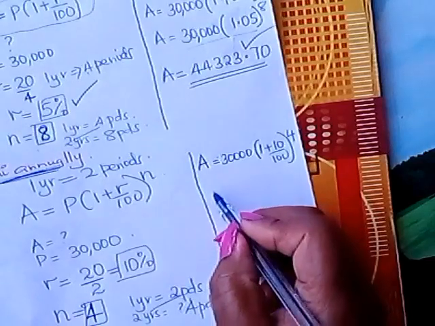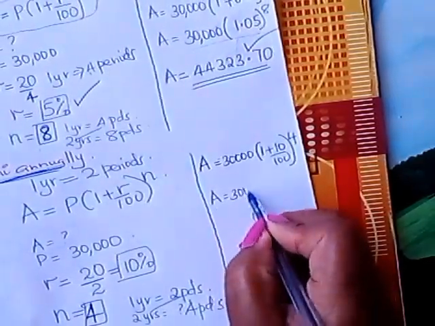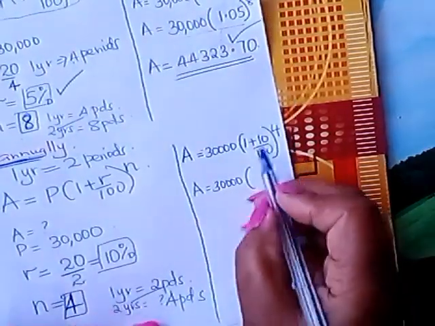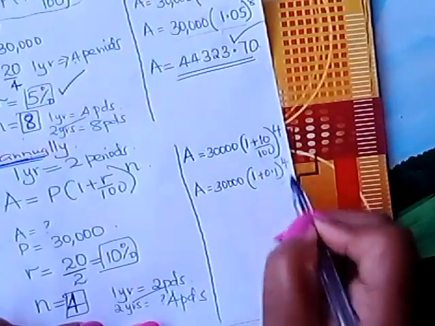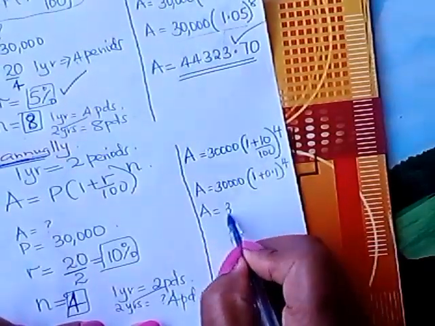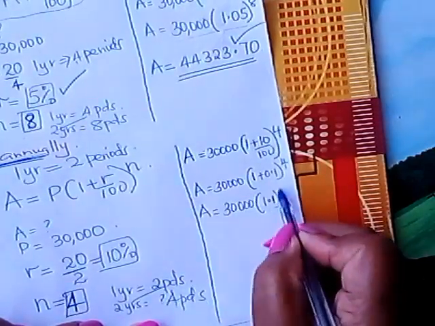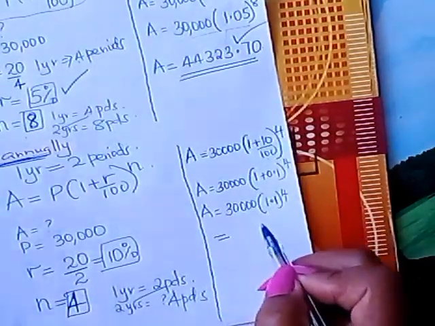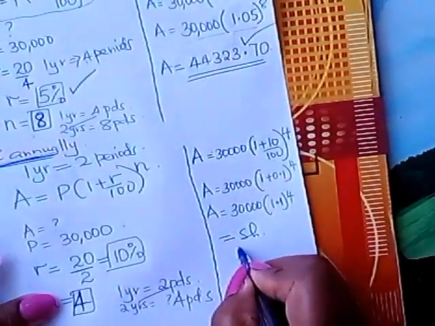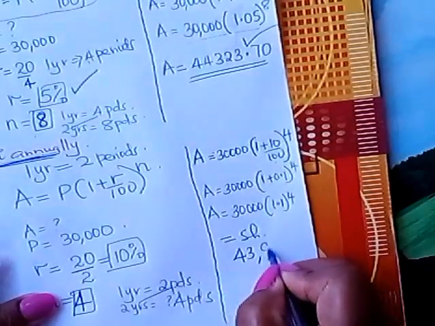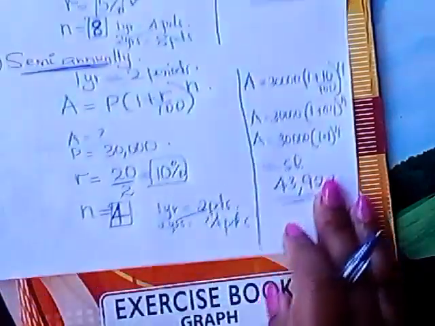So amount is equal to 30,000 times 1 plus 0.1 raised to 4. You add this, you get 1.1 raised to 4. You use a calculator, Lana. Using a calculator correctly, you should get 43,923. You can go and confirm with a calculator.